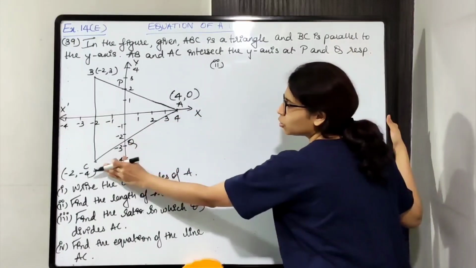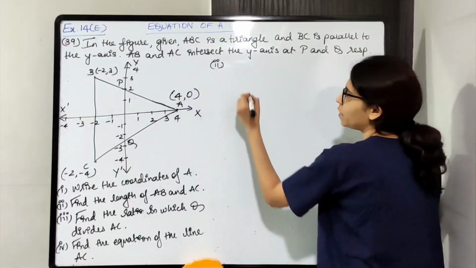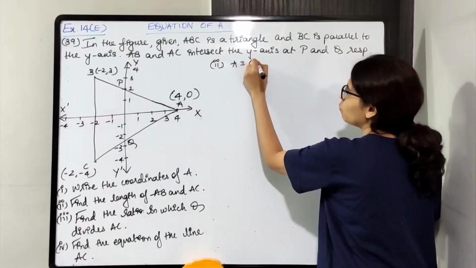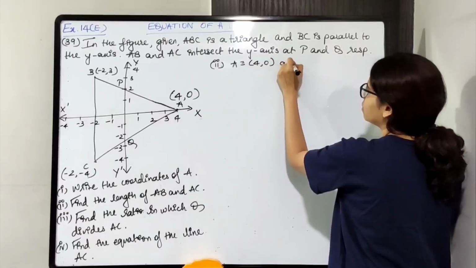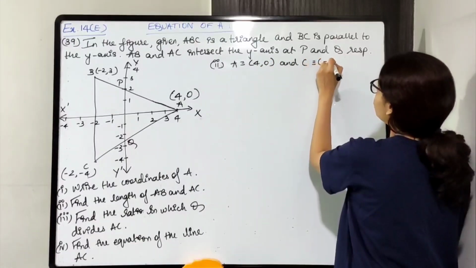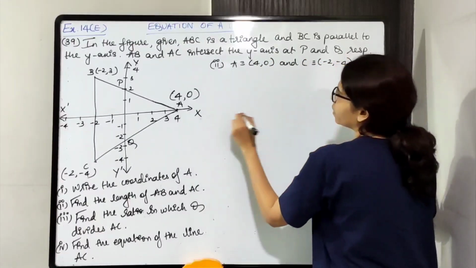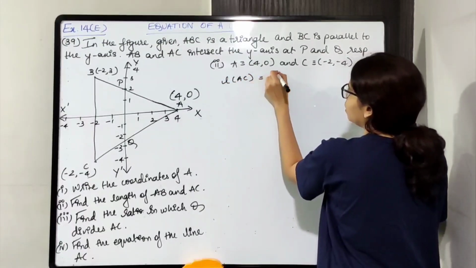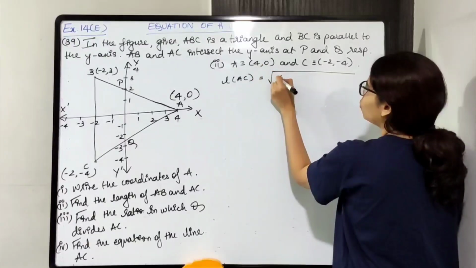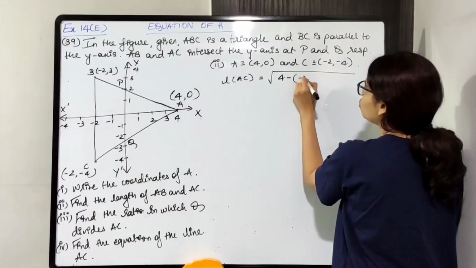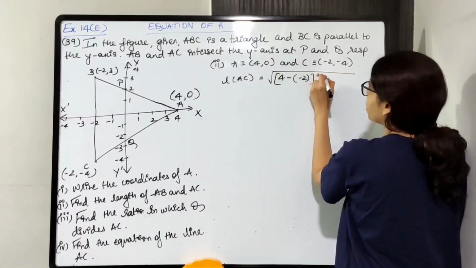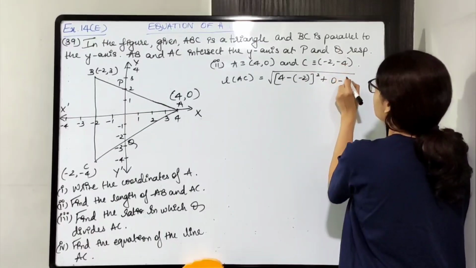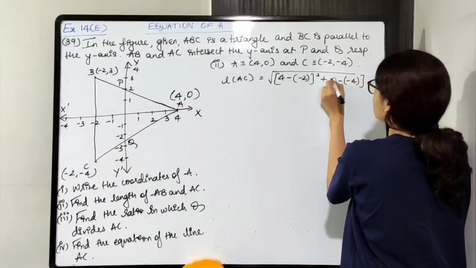So now we'll find length of AC. So write down the coordinates of A and C. A is 4, 0 and C is -2, -4. So length of AC will be square root of 4 minus -2 the whole का square plus 0 minus -4 the whole का square.